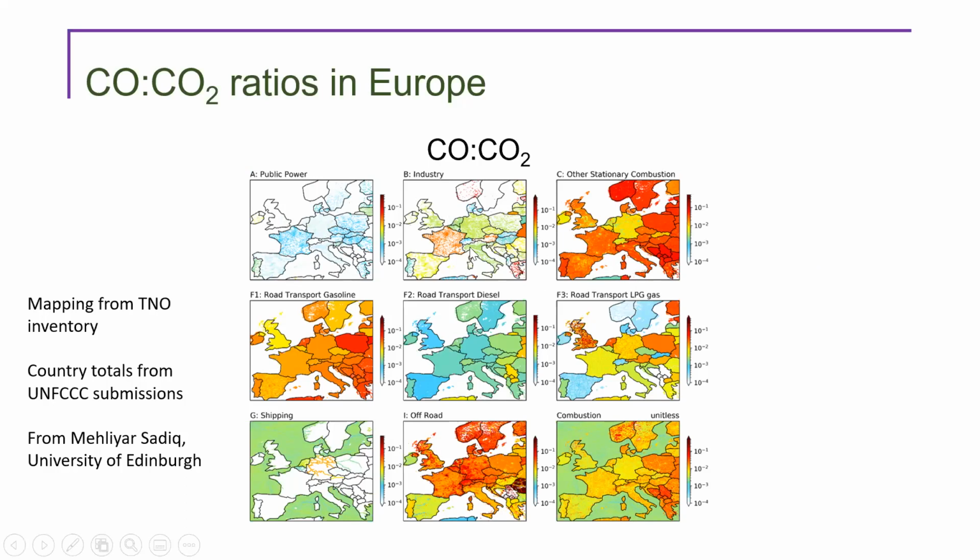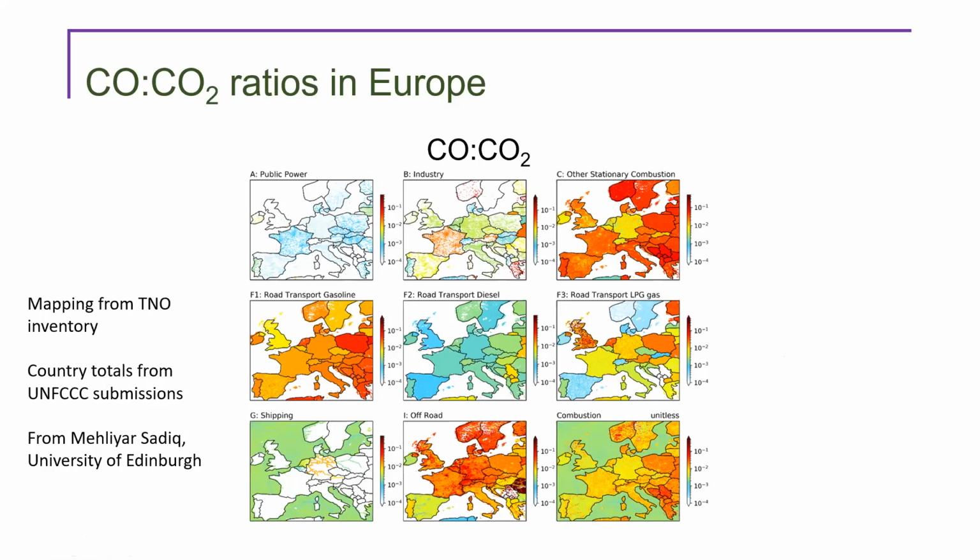The mapping here is from work done with TNO, taking the country totals from the UNFCCC submissions and mapping them for different countries. But you get these big discrepancies at the borders because each country essentially assumes different ratios of CO to CO2.